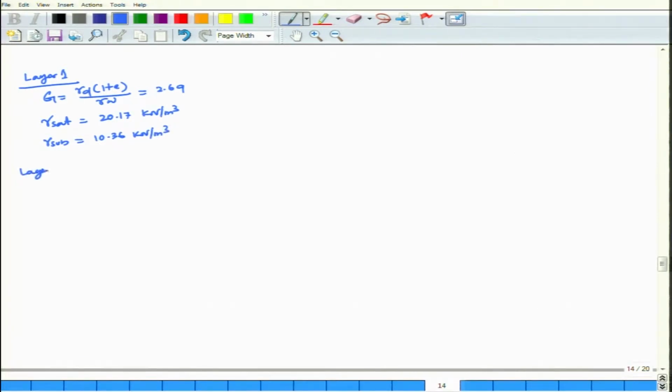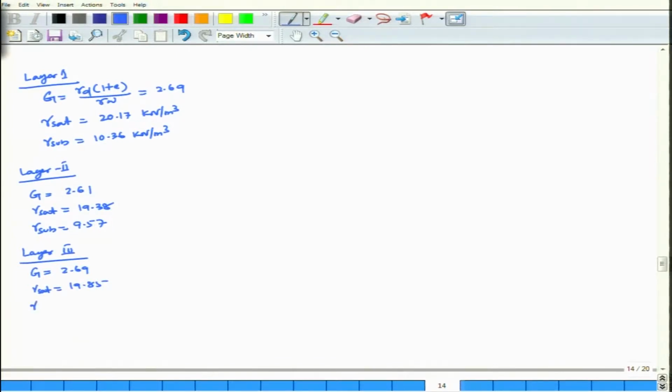Similarly, layer 2: G is equal to 2.61, gamma saturated is equal to 19.38, gamma submerged is equal to 9.57. Layer 3: G is equal to 2.69, gamma saturated is equal to 19.85, gamma submerged is equal to 10.05 kilonewton per meter cube.